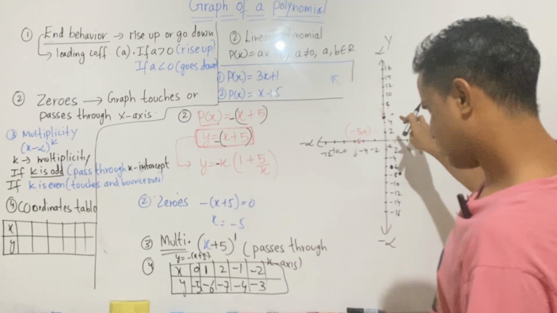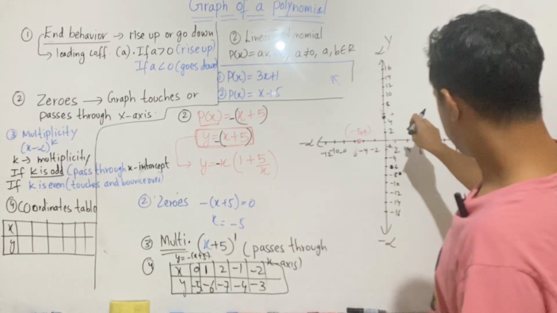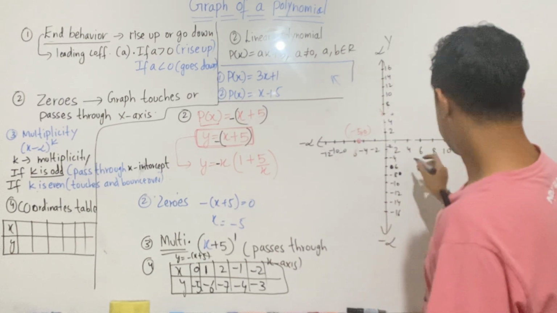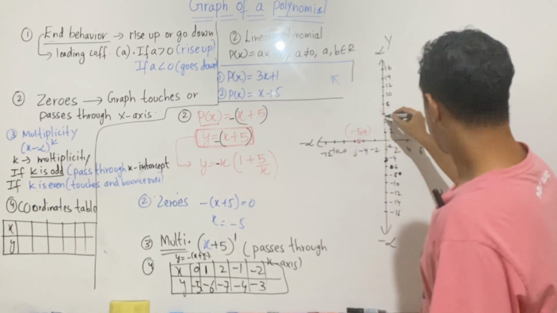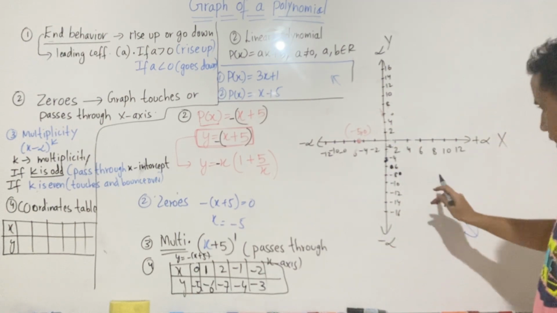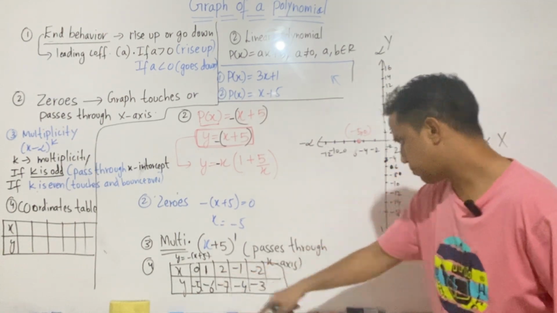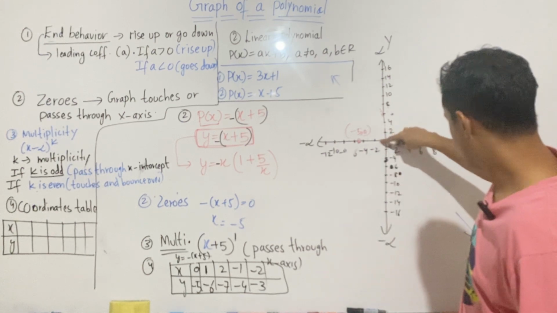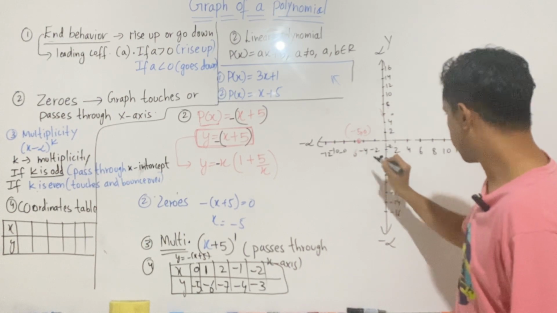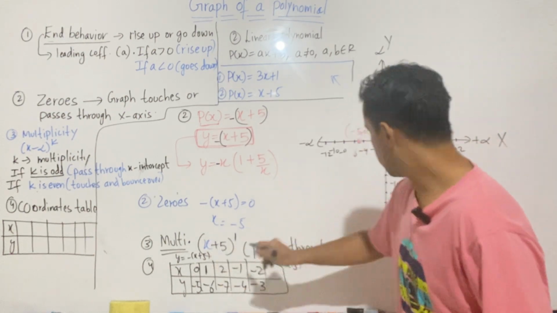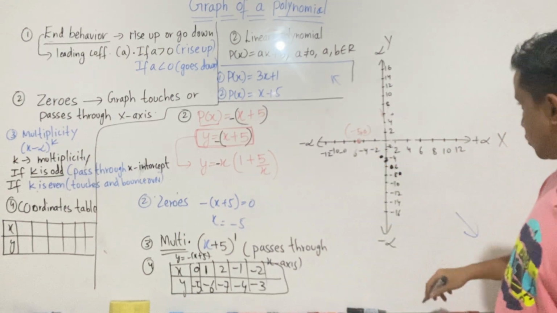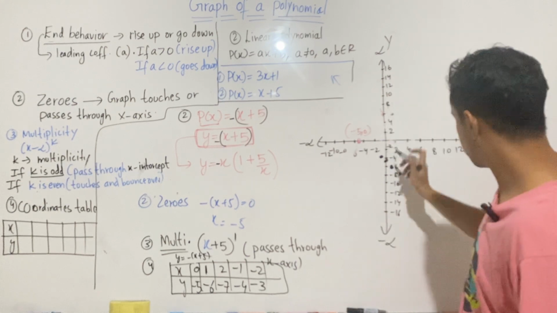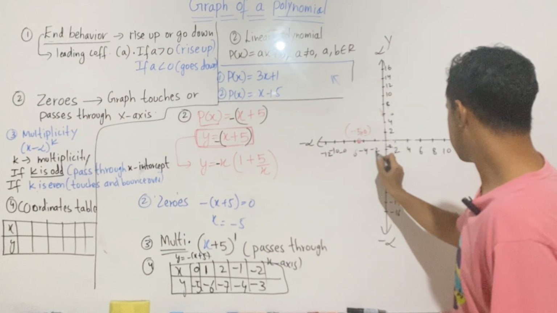What point is this? x is 0, y is minus 5. This point. Okay, this was a mistake. And if x is minus 1, y is minus 4, this point. Okay, and this is going to be the 0. So if x is minus 2, y is minus 3, around here.